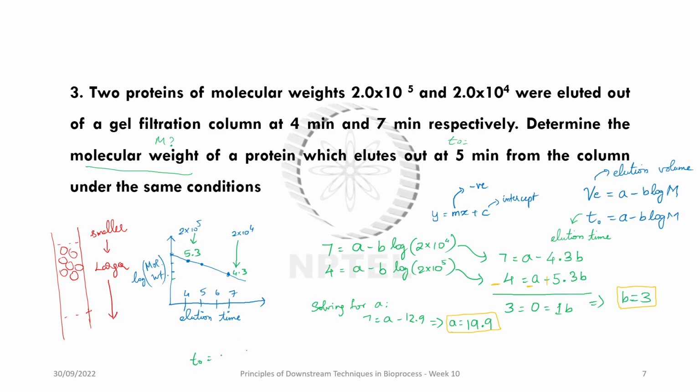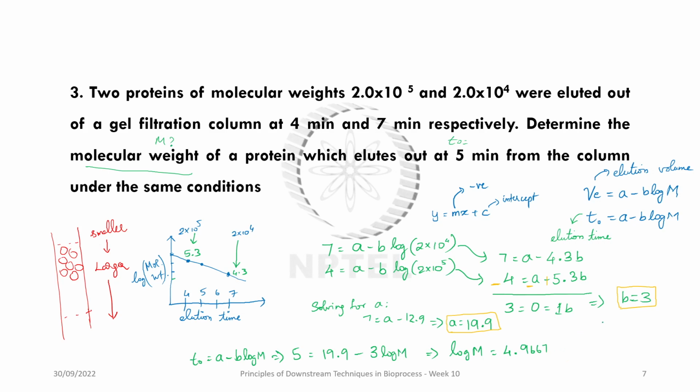So T naught is equal to A minus B log M. So 5 is equal to 19.9 minus 3 log M. So bring it to the other side. 5 minus 19.9 is 14.9 divided by minus 3 would be, log M is equal to 4.9667.